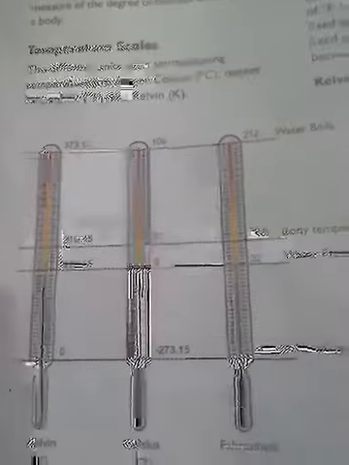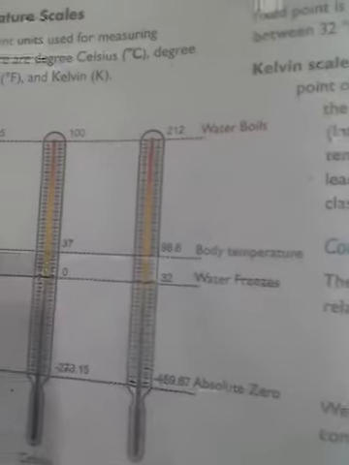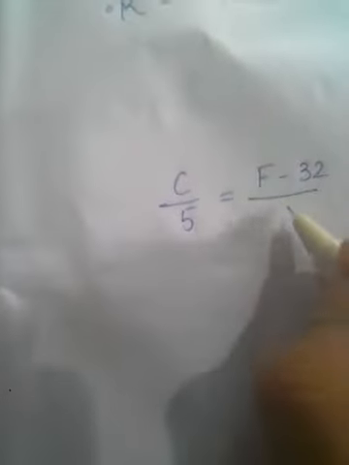Now we'll try to see the formula with the help of which we can interconnect these 3 units. So I'll give you a formula: C by 5 is equal to F minus 32 by 9.